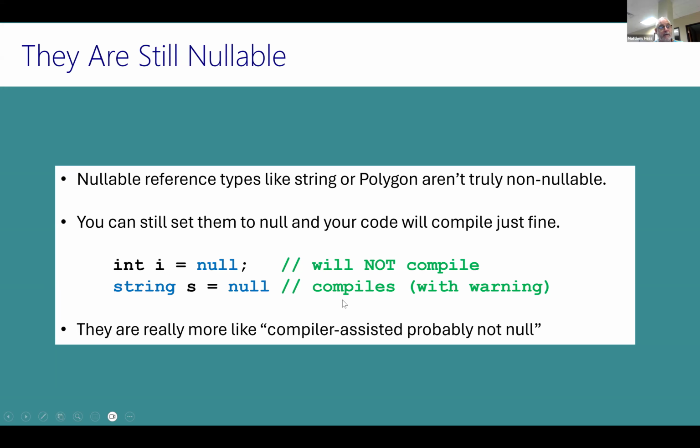Yes, there's a warning, but it compiles. So what I've heard people say is they're really more something like compiler assisted, probably not null reference types. That's what they should be called. Compiler assisted, probably not null reference types. So that's one thing. They're actually not, they're still nullable.